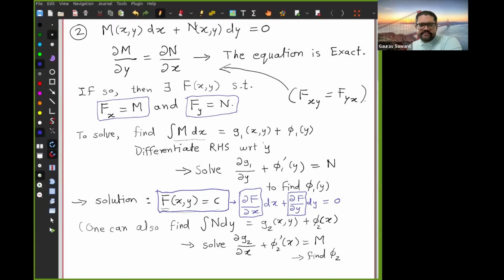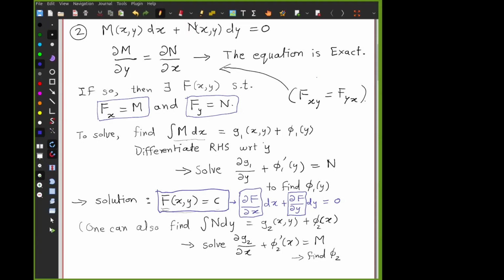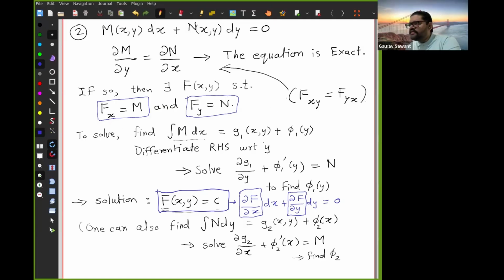Where did my pointer go? For some reason my pointer is, yeah. See, this specific equation tells you that when you take mixed partial derivatives, the order doesn't matter.